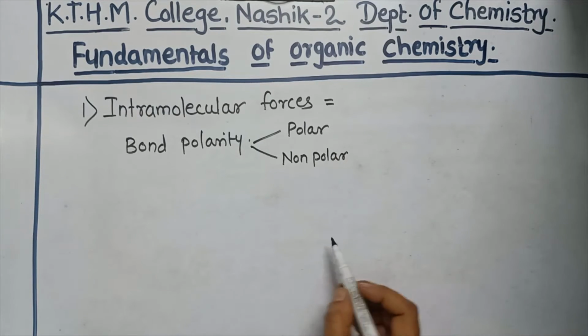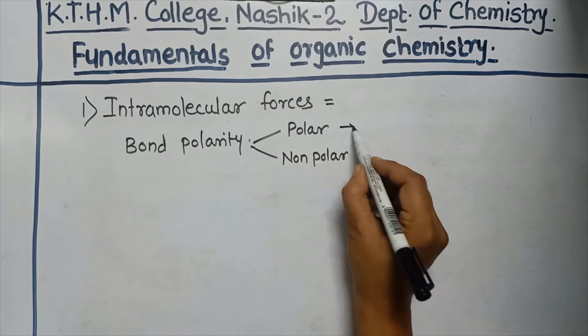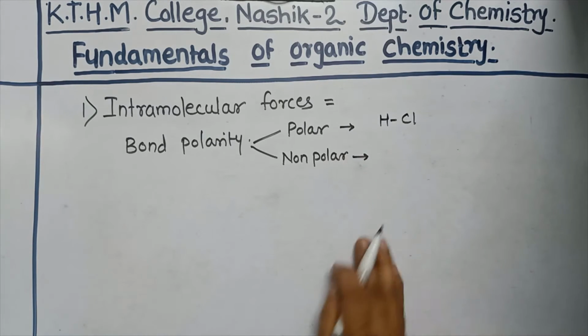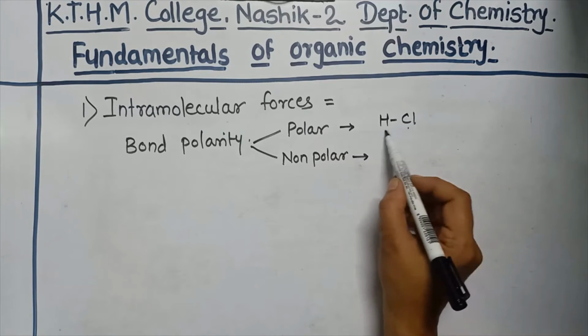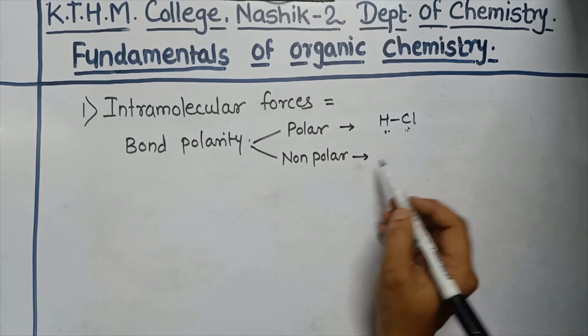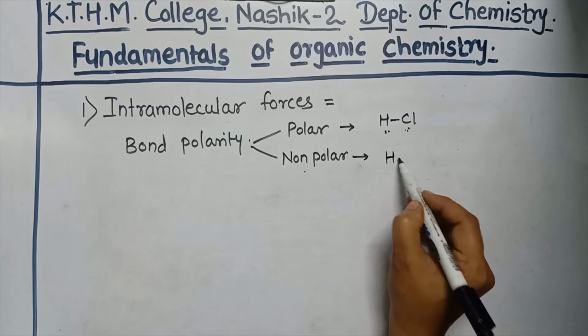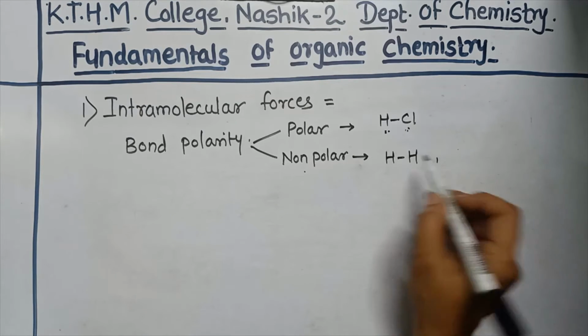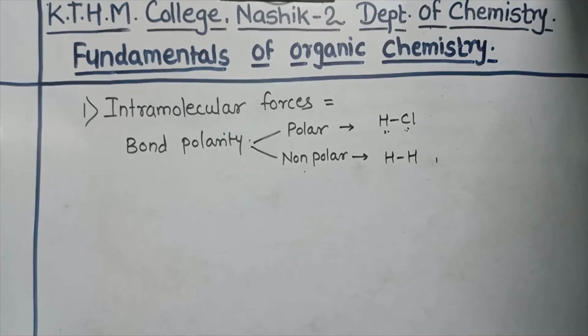A polar bond is present when two different atoms are bonded together. While non-polar means two same atoms bonded with each other form a non-polar bond.